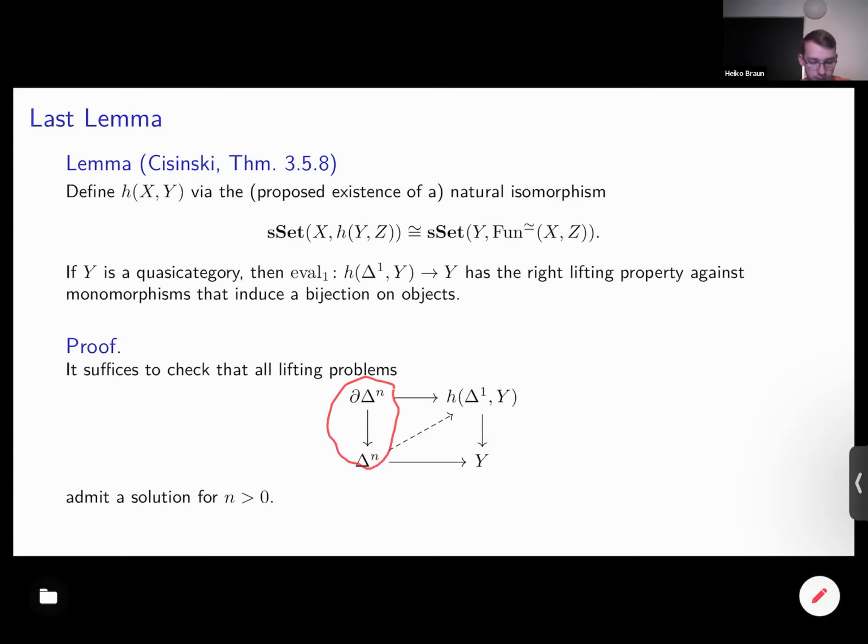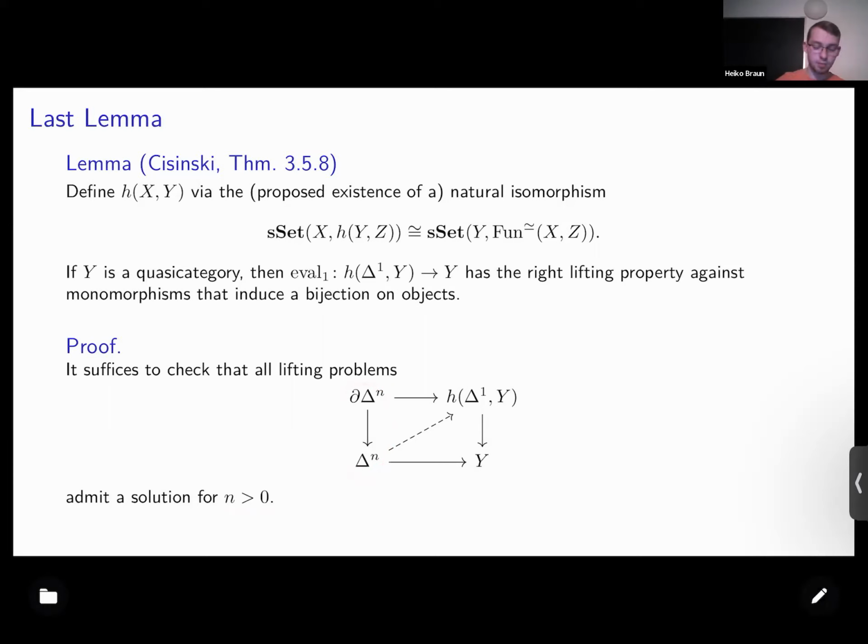Essentially the same as we had for monomorphisms, but we only consider the n bigger than 0 part. If n is greater than 0, we must stay constant, so it does not add any vertices. So everything in the saturated class of these will again be a bijection on objects.